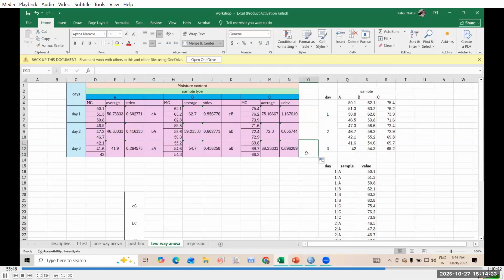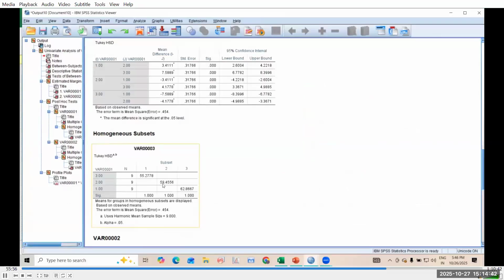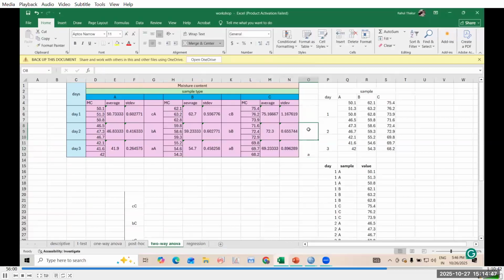Day 3 has the slightest significance level, so I noted it as a small a. And day 2 has a slightly higher significance level, so I'll put it as b, and day 1 as the small c. This is for factor 1, that is the number of days. Number of days means according to the days, how the moisture content will be significantly different from each other.